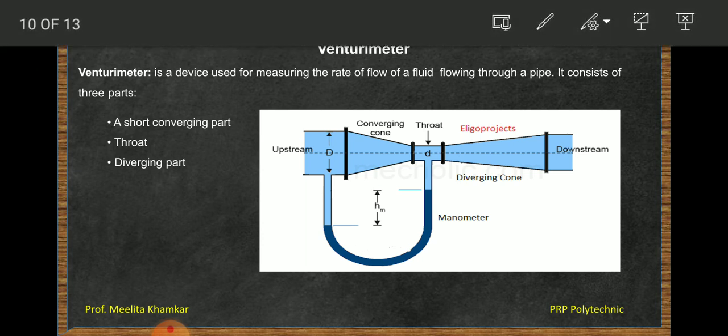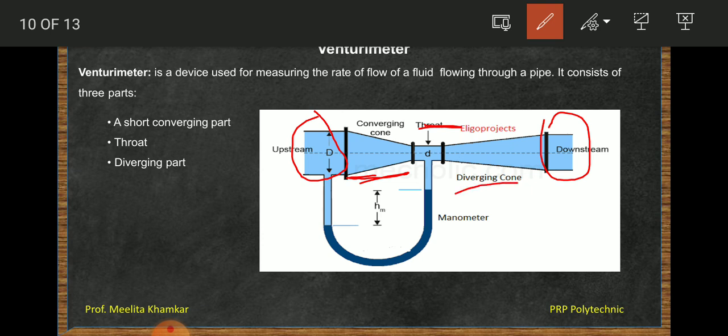If you observe here, the Venturi meter is attached to the pipe in which the flow is to be measured. Basically it consists of three parts: one is convergent cone, one is throat, and one is divergent cone.